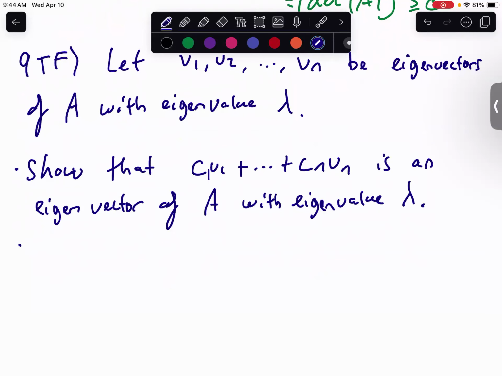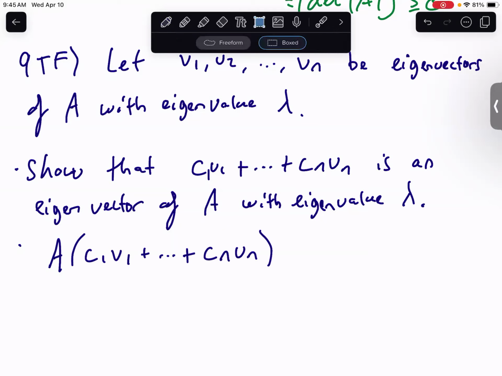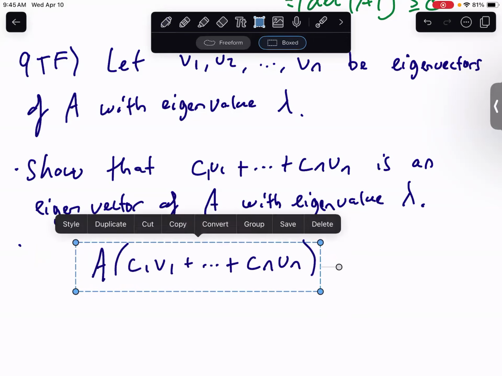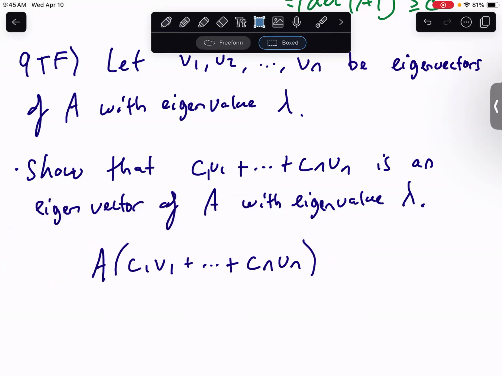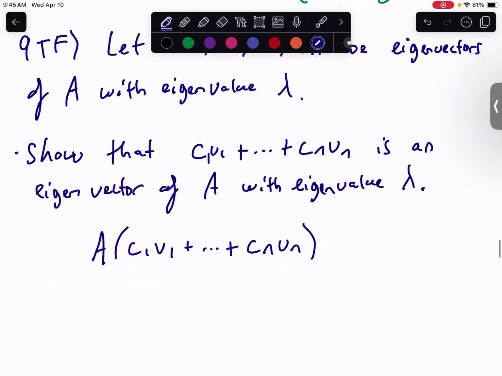So what we're going to be interested in is taking A multiplied by C1 V1 all the way up to Cn Vn. Maybe I should have chosen a different problem. This one's not going to take that much time, but it's a lot more writing than I wanted to do.